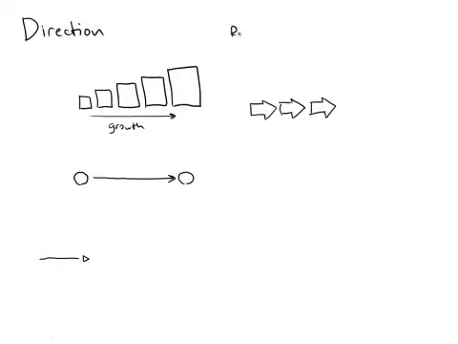A rule that we have for direction, and this is very much a Western cultural rule, is that if we want to show progress, if we want to show direction, we tend to move from left to right as time. And this has to do with many things.